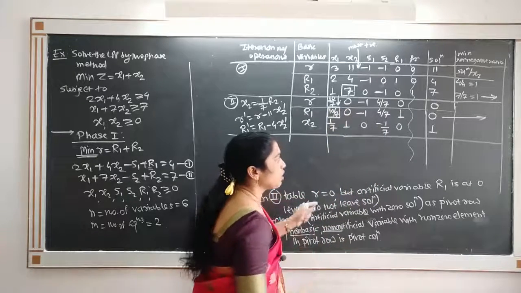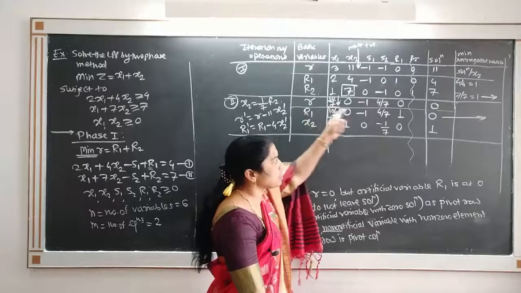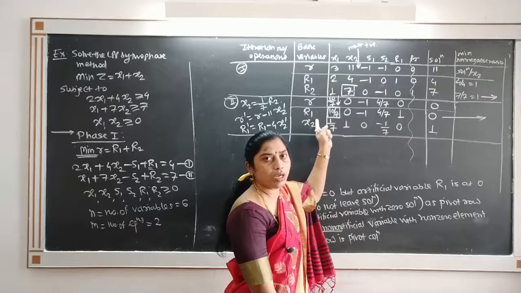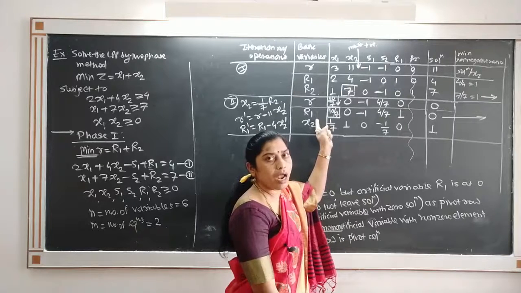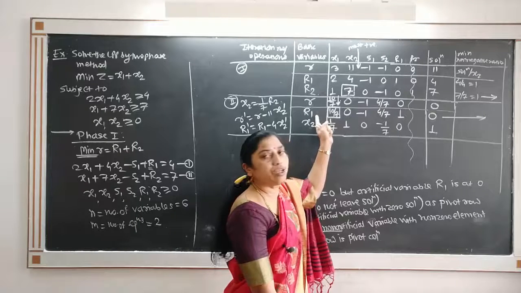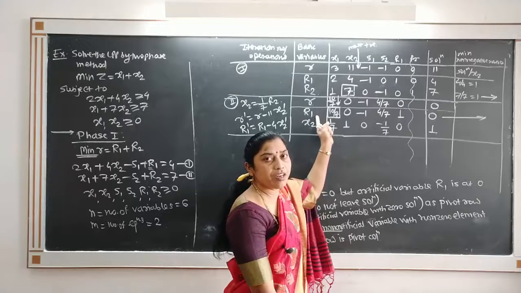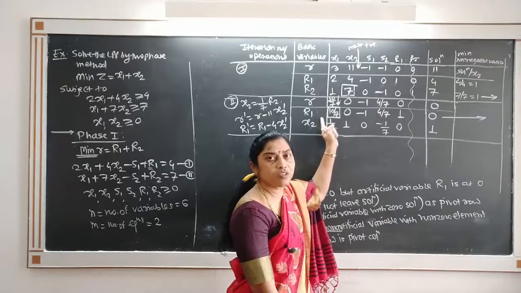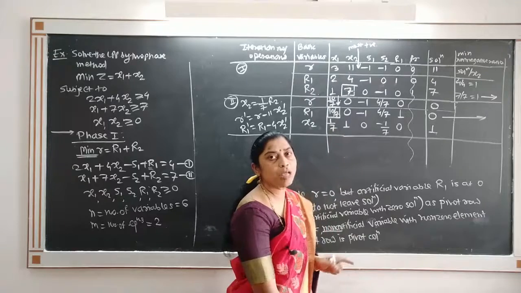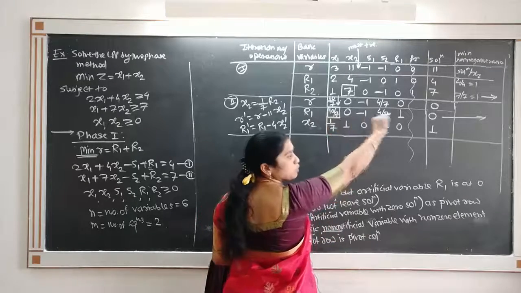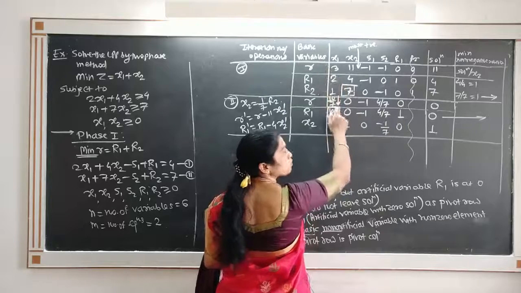Because R is 0 but the artificial variable does not leave the solution, we use the rule. The rule says that the row having the artificial variable at 0 value is taken as pivot row, and the non-basic, non-artificial variable with non-zero element in the pivot row is the pivot column. So we select R1 as pivot row and X1 as pivot column.